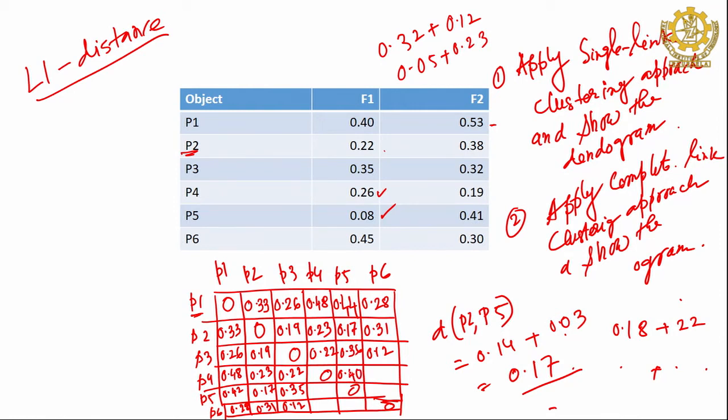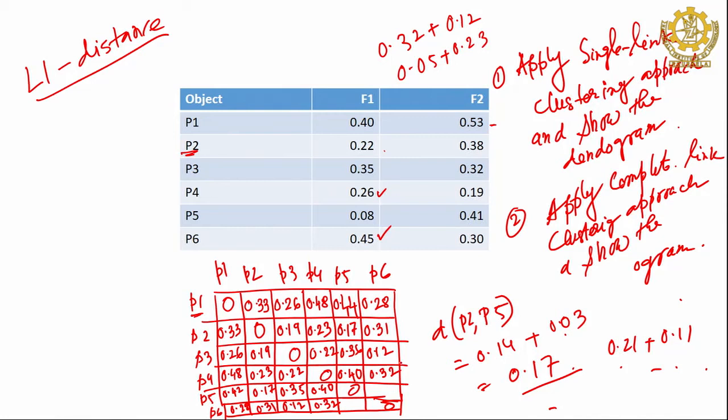0.40. Then P4 P6 is 0.21 plus this is 0.11, so this is 0.32, so this will be 0.40, 0.32.